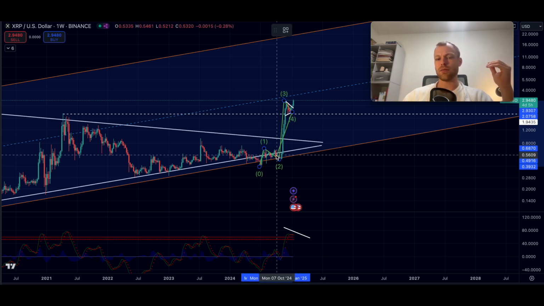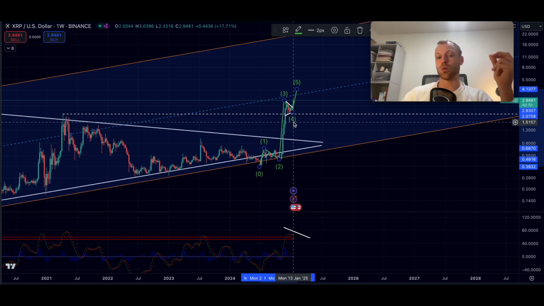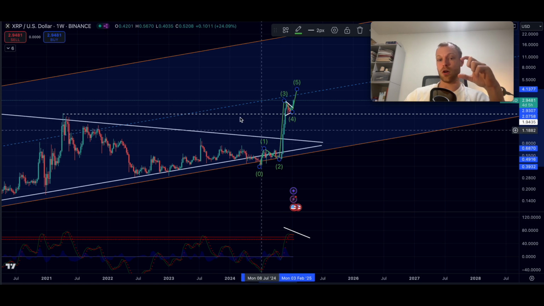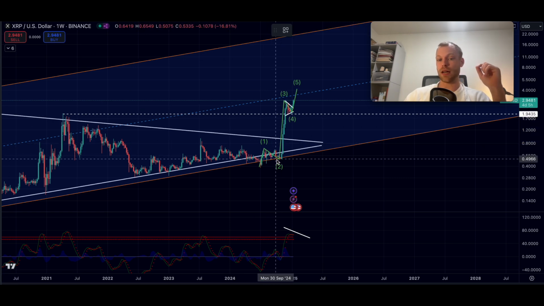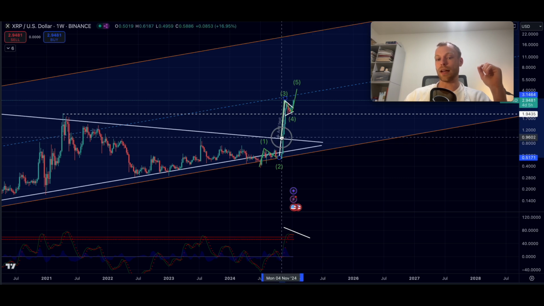Although this doesn't really look like a fourth wave, this kind of does look like a fourth wave. And the fifth wave is then the last wave, which generally speaking is smaller than wave 3, but sometimes it is the same equal length as wave 3.